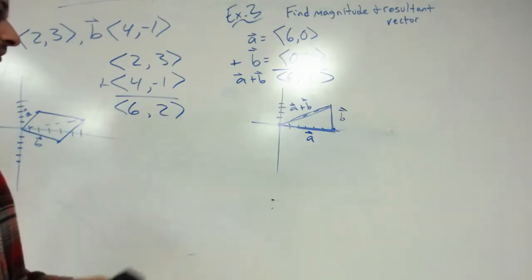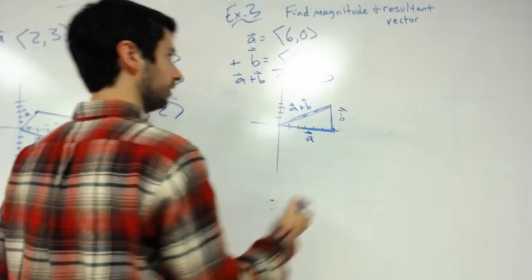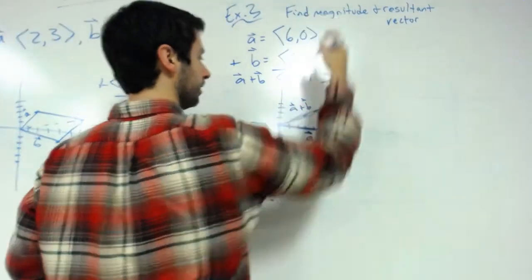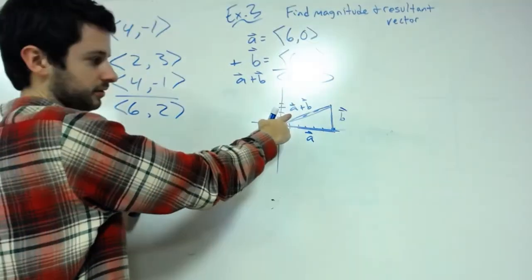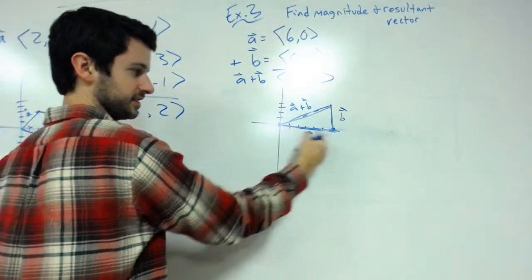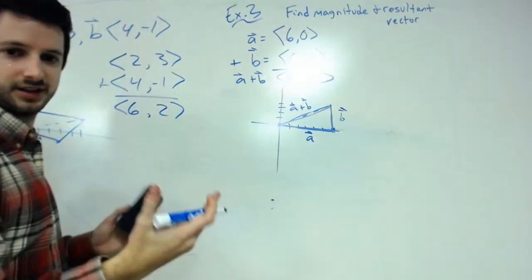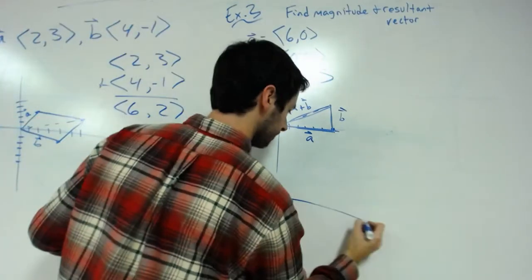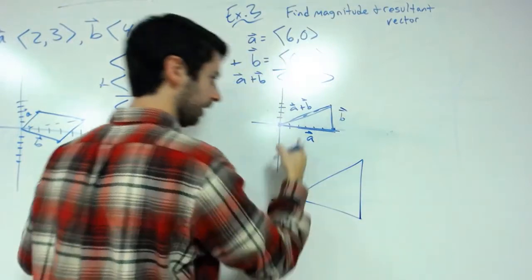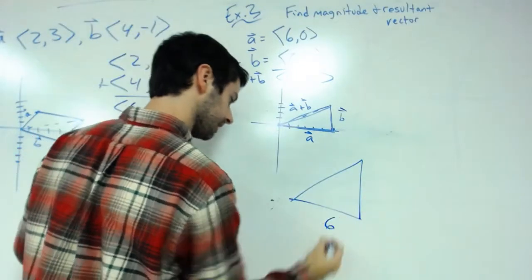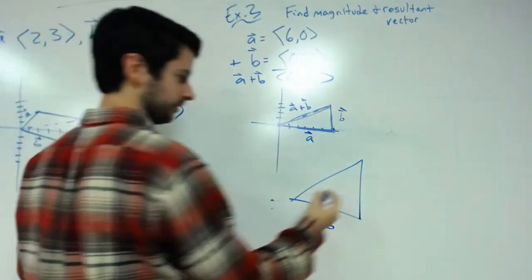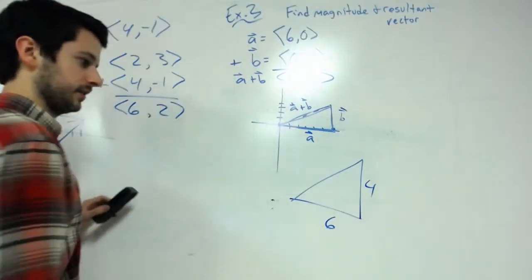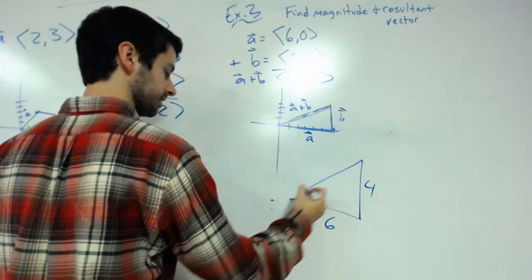Now, magnitude means it wants a specific length. Right now it gives us 6, 0. That's not a length, that's a vector. So we need to draw this triangle, and we know since this is 6, 0, 6 is our length. 4 is the height. The magnitude is the hypotenuse here.